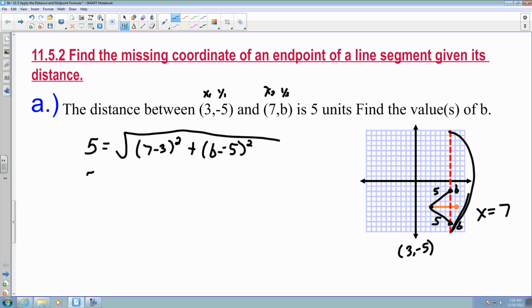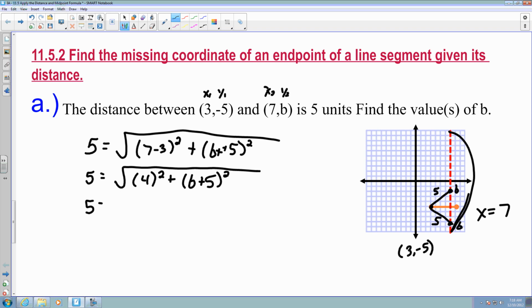So I have 5 equals the square root. 7 minus 3 is 4. So we got 4 squared plus, we got (b plus 5) quantity squared, because this is a plus plus type of situation. Okay.